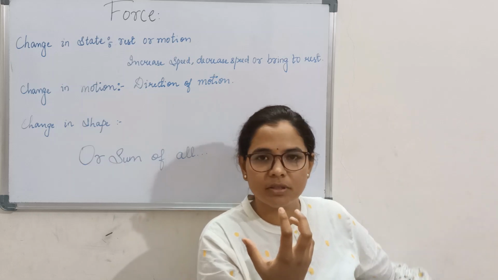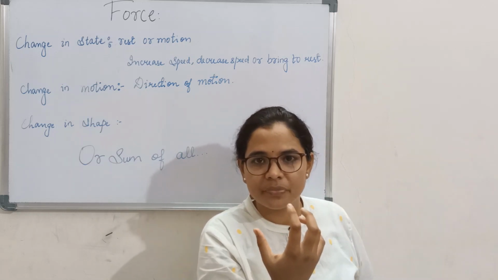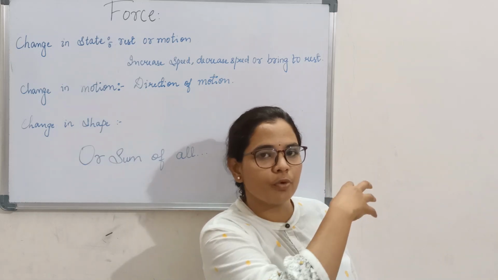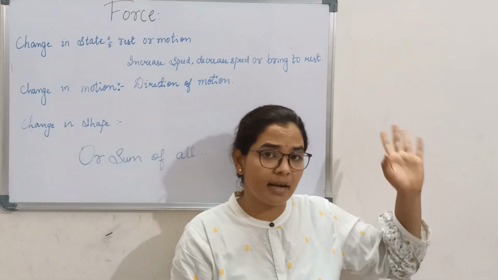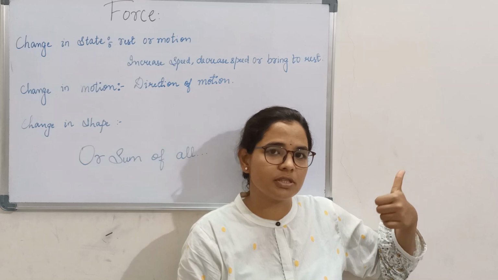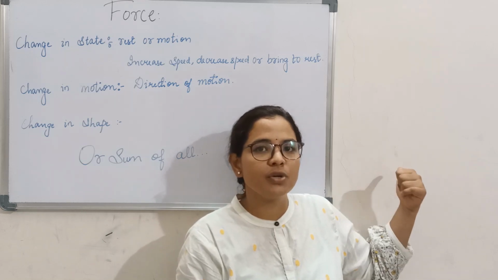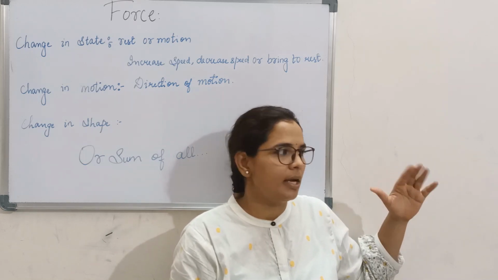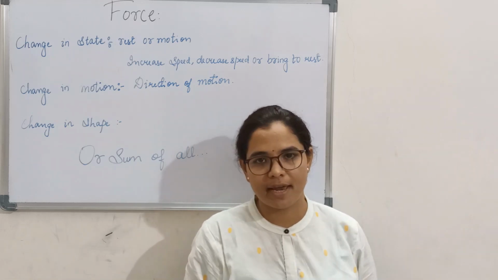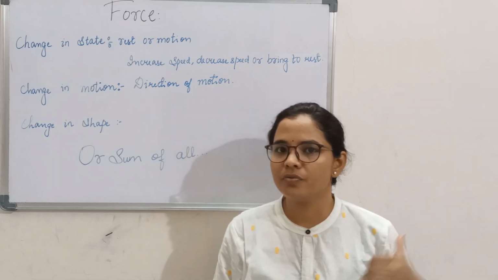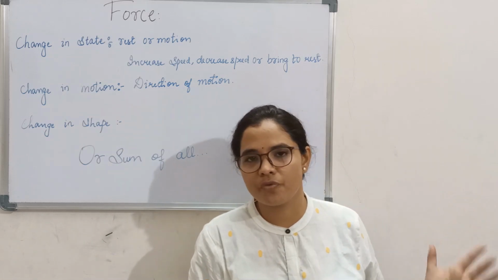If there was a thin glass sheet, then it would have broken and the ball would have continued its motion in that direction. But since it's a wall with the greater force, it changes the motion of the object. It throws the ball back and makes it move in the opposite direction. So this is how force is going to change the motion of an object.